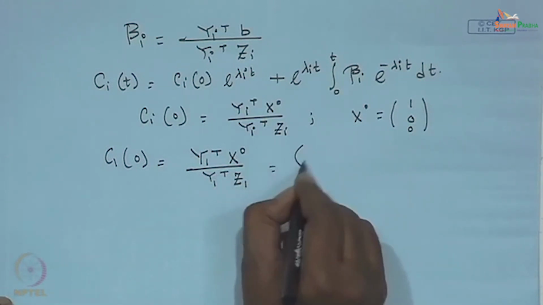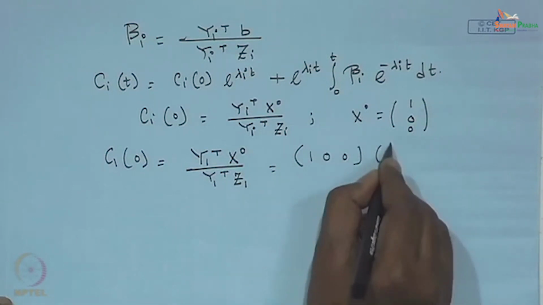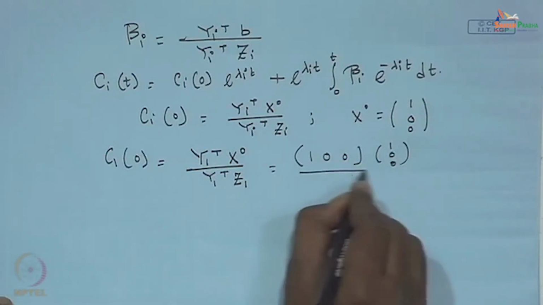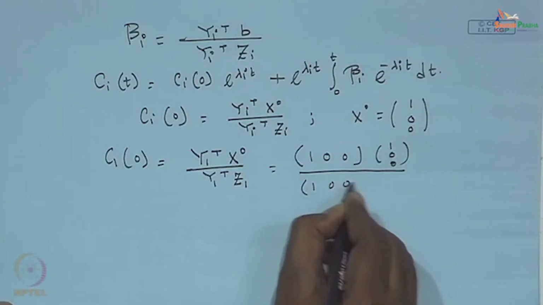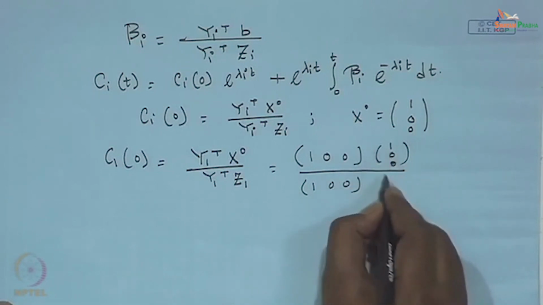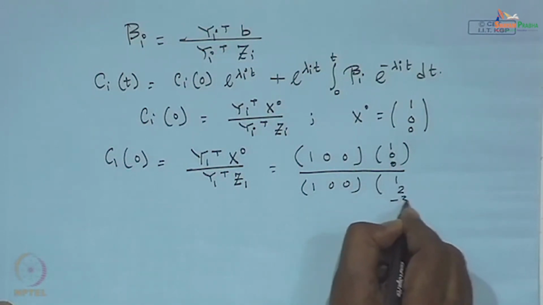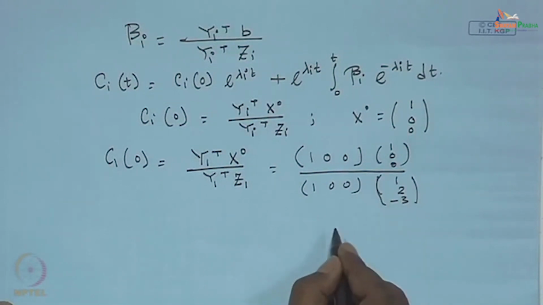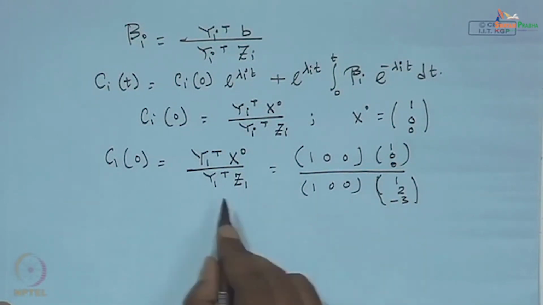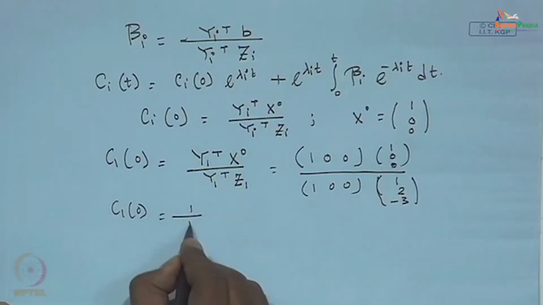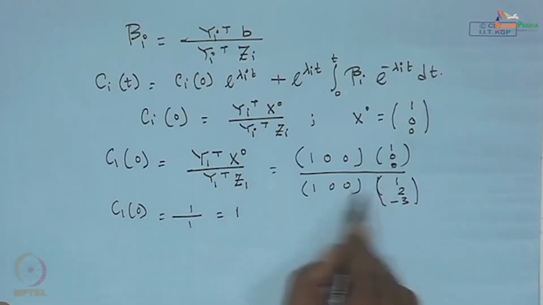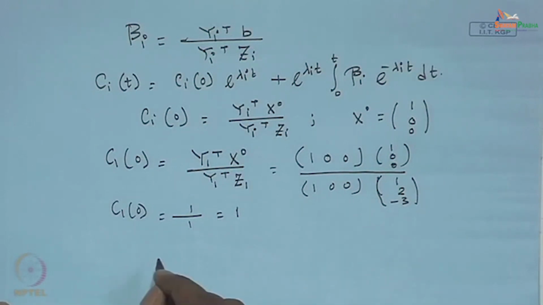This becomes [1, 0, 0] times the initial value vector [1, 0, 0], divided by [1, 0, 0], that is y1 transpose, times z1, which is [1, 2, -3], the first eigenvector of the matrix A. So, c1(0) becomes 1 divided by 1, so it will become 1. All the other terms will be 0. Similarly, we can evaluate c2(0) and c3(0).